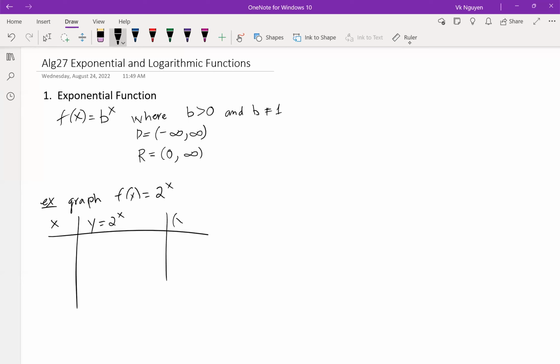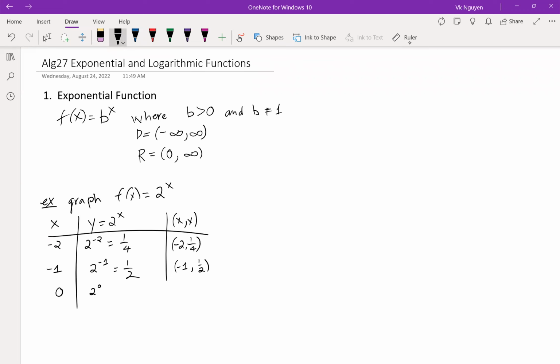And then we have the points (x, y): for -2, 2 to the -2 is 1/4, so (-2, 1/4). For -1, 2 to the -1 is 1/2, so (-1, 1/2).